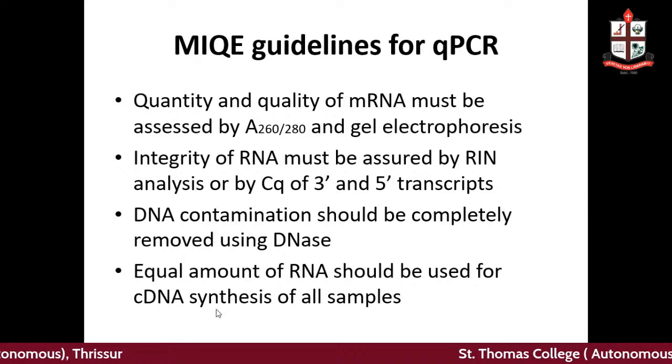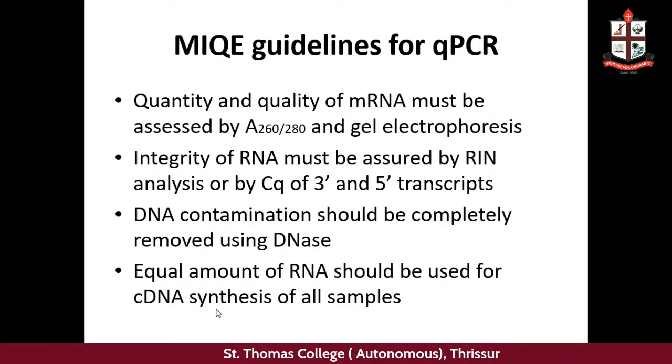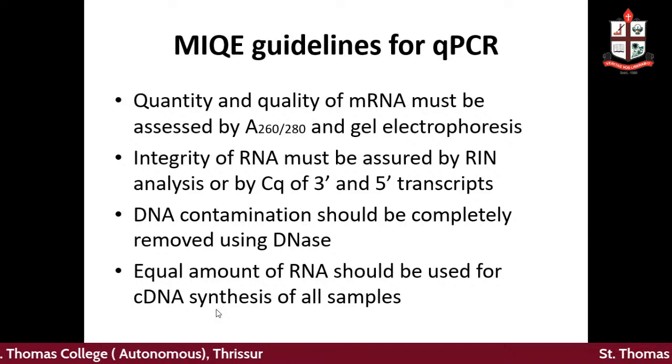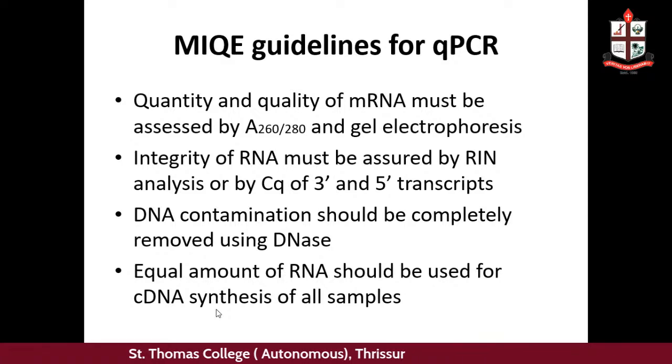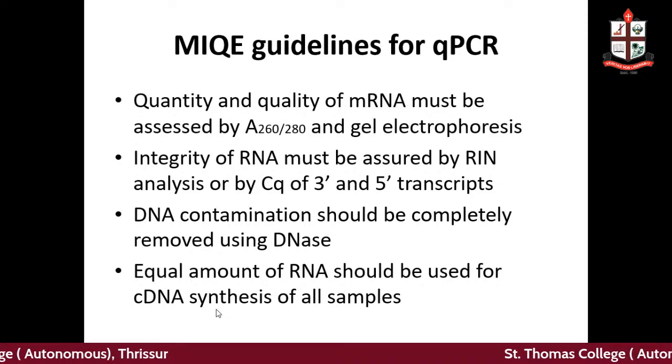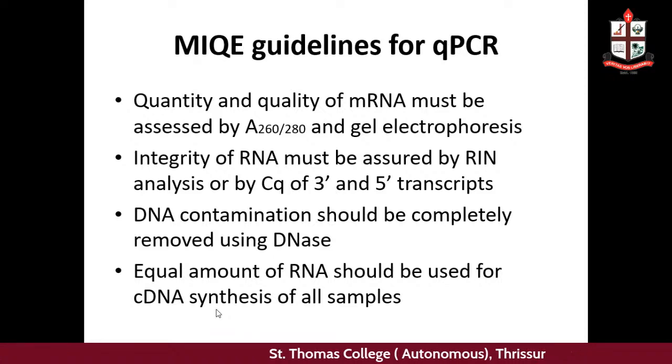The quantity and quality of mRNA is very important. So before you do real-time PCR, you should check the accurate quantity of your mRNA, and also the quality of mRNA should be ascertained. So you can do an A260/280 analysis to identify the quality of your mRNA, and also it's important to calculate the integrity of your RNA, that is, your RNA is not degraded.